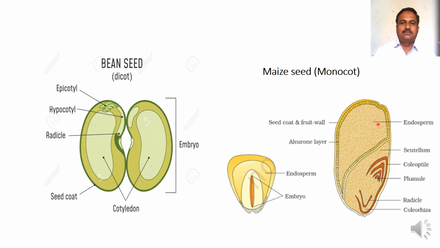Inner to that there is the endosperm that stores reserve food material. Then the coleoptile, which is protected by the scutellum, and here a radicle, which is protected by a protective covering or sheath called the coleorhiza.